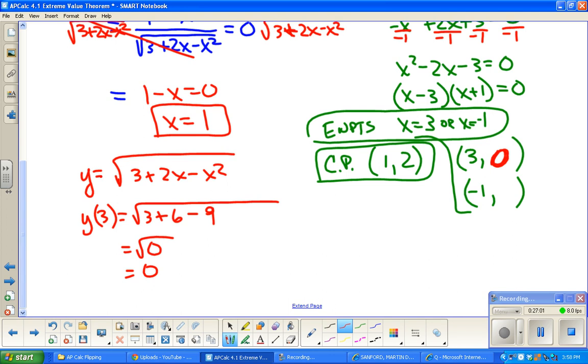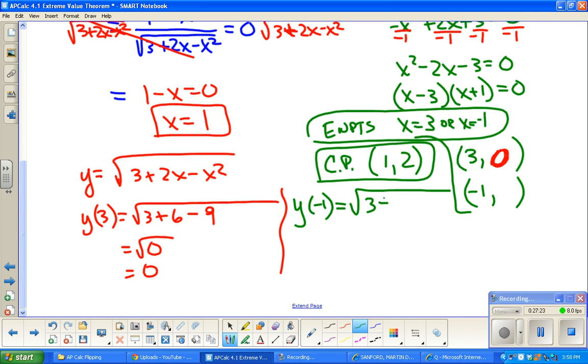And then y of negative 1. So I'm doing the square root of 3. Now, this is funny. This doesn't even make sense right here, because I already know what this is.